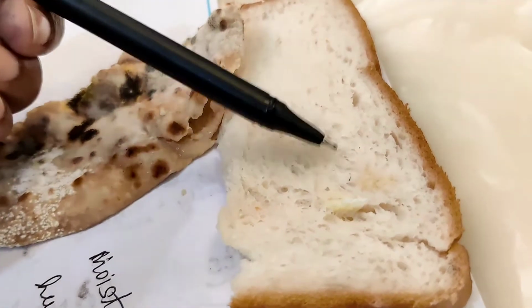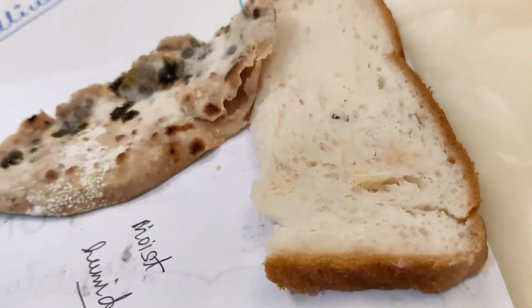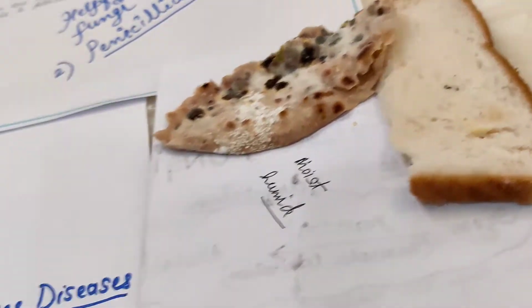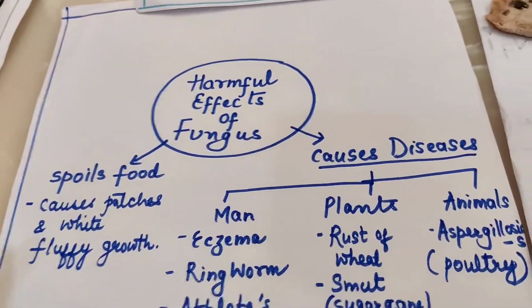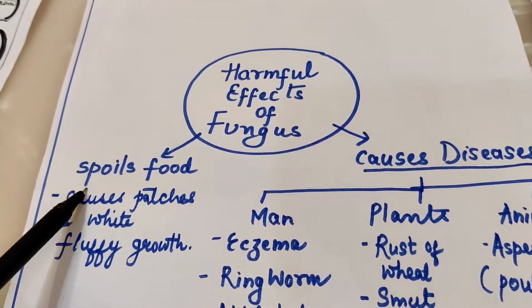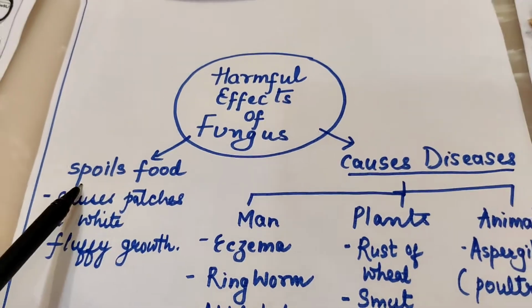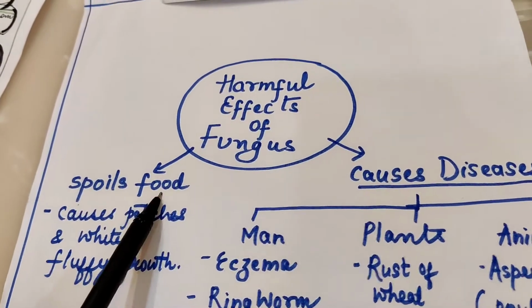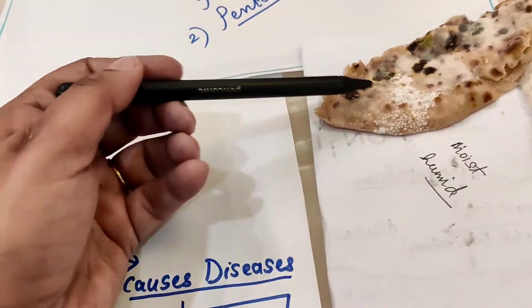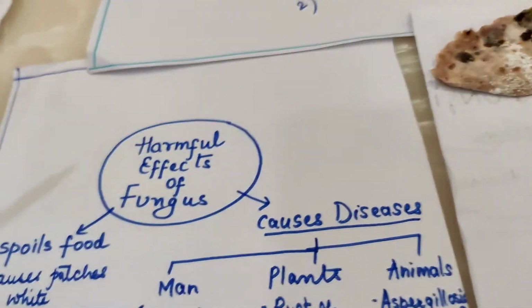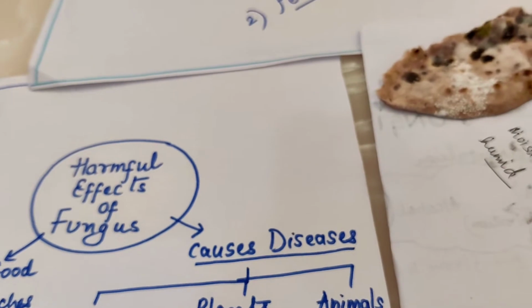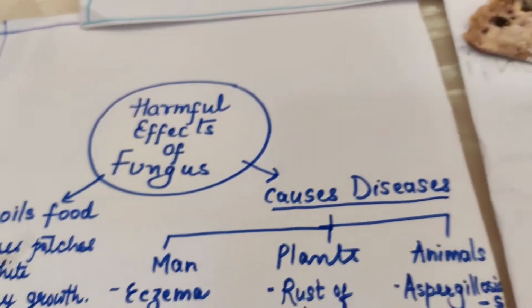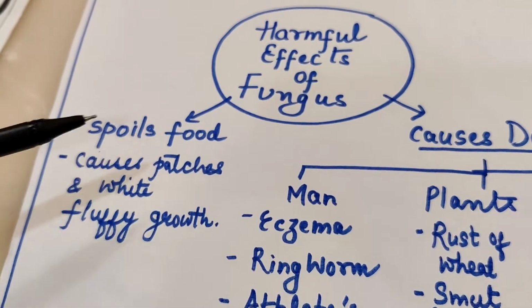Maybe it will take another 4-5 days to get fungus here. So what are the harmful effects? Definitely it spoils food and articles, like articles made of leather. You have seen such growth on your pickles also, and on your jam sometimes, if it has not been opened for a long time, then you will find it there also.